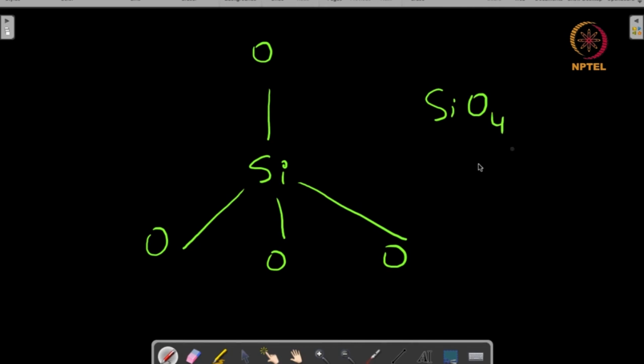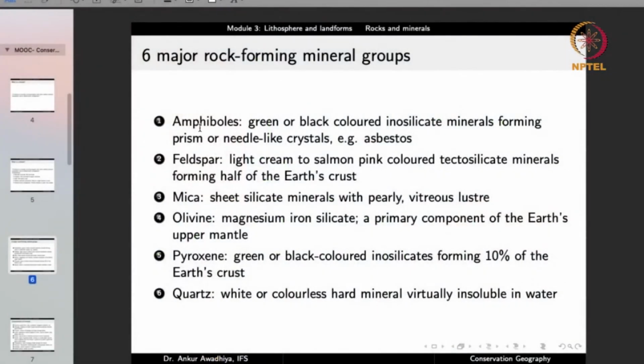In the case of inosilicates, these silicates are arranged in the form of chains. So amphiboles are green or black colored inosilicate minerals, that is minerals in which the silicates are arranged in the form of chains, forming prism or needle like crystals. And a good example is asbestos.